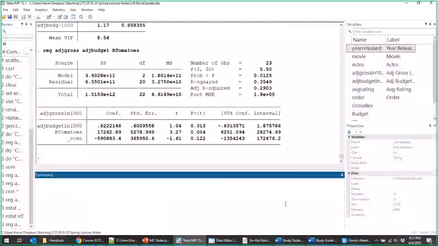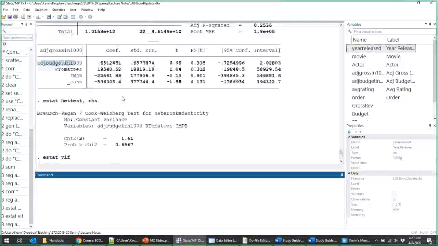So here, let me do tomatoes. Here's the regression without the IMDb rating. Notice that the Rotten Tomato score is now 17,262, so a 1 point increase in your Rotten Tomato score corresponds to like a $17 million increase in the movie's revenue. That seems sensible.